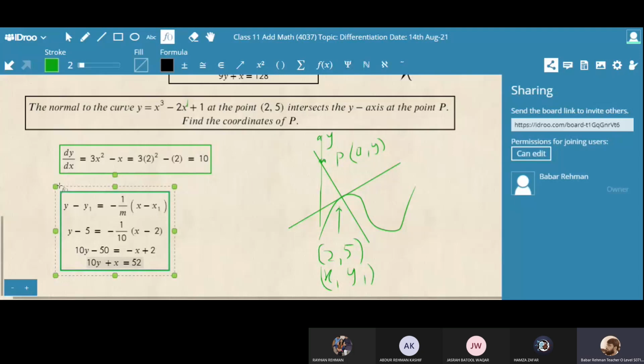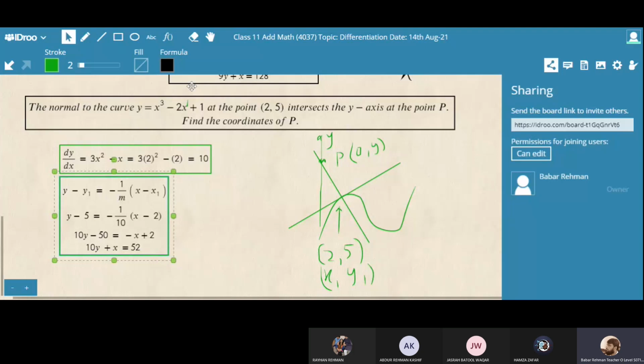So student, this is the equation of normal, and this is intersecting the y-axis at P. The coordinates of P are 0 comma y.